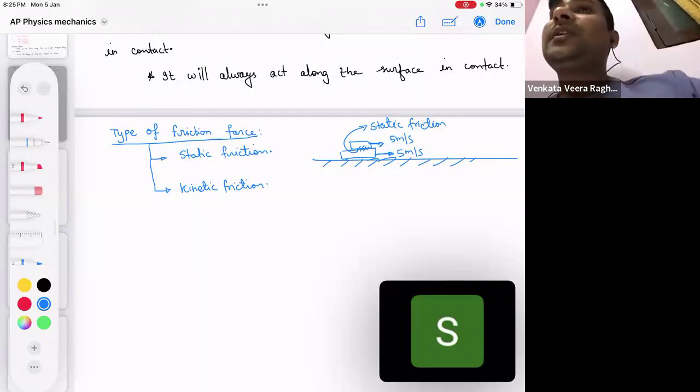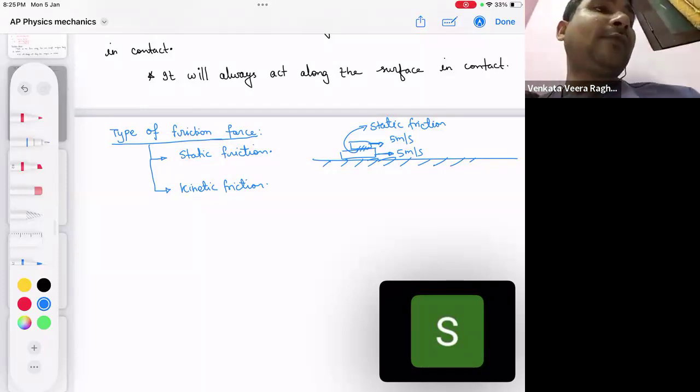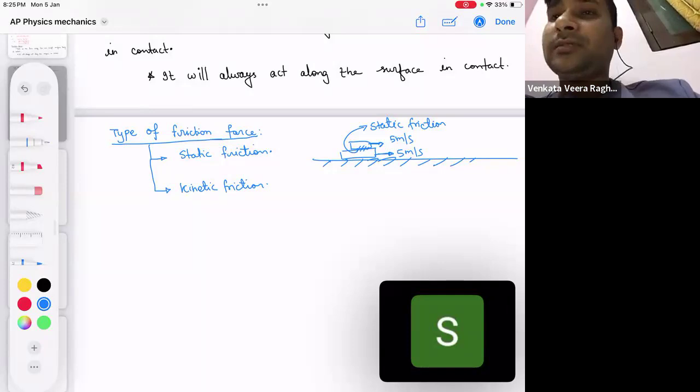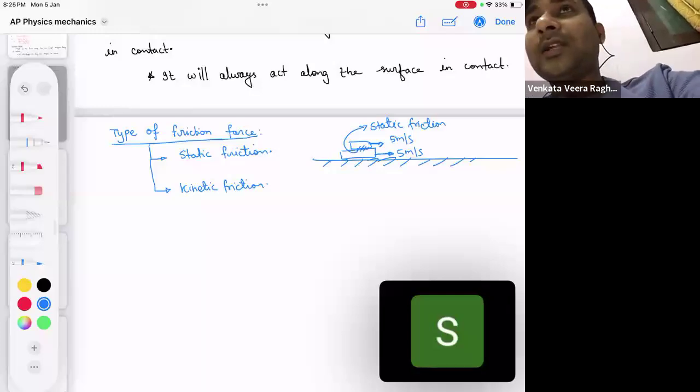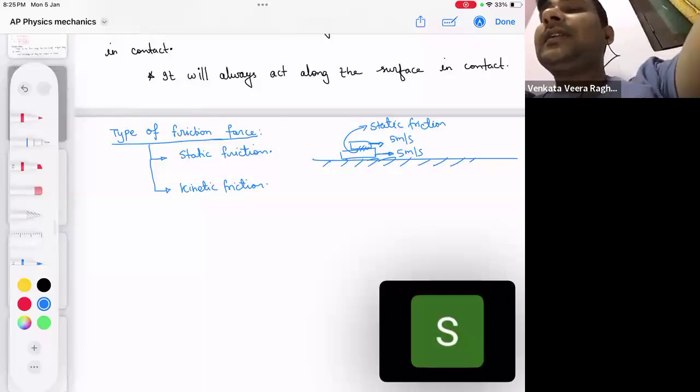Kinetic. So please keep in mind, for static friction, whether they are moving or not moving is not important. What is important? Are they moving with respect to each other? Understood? Are they sliding over each other or not?